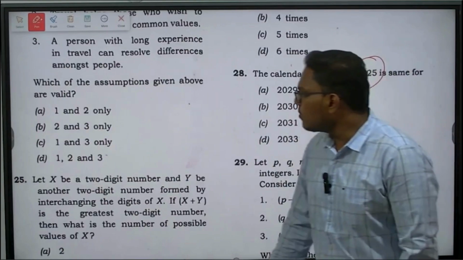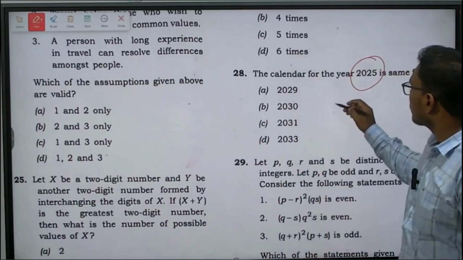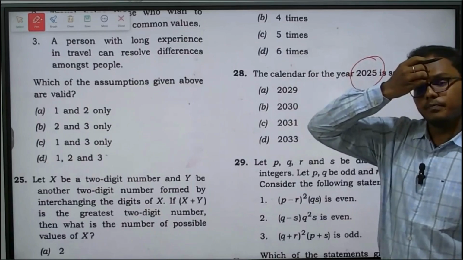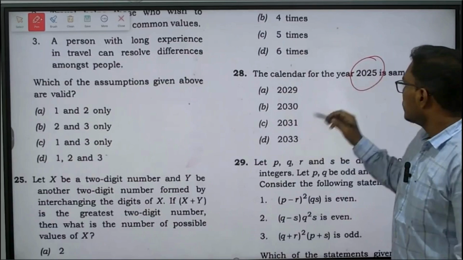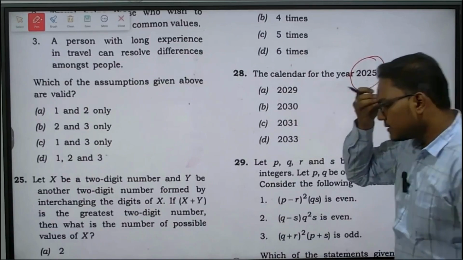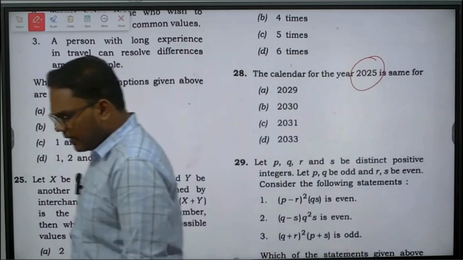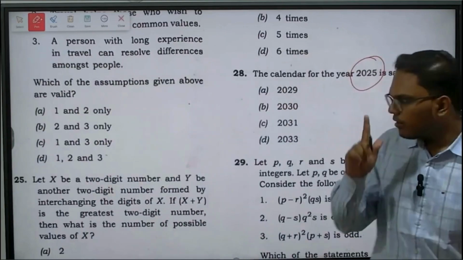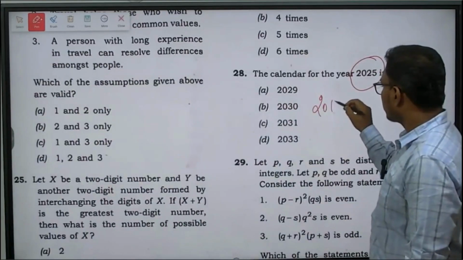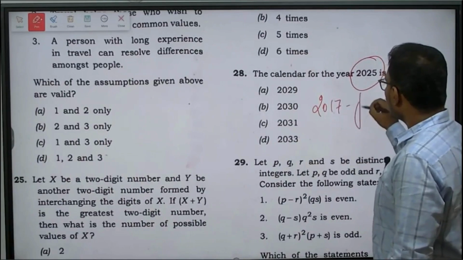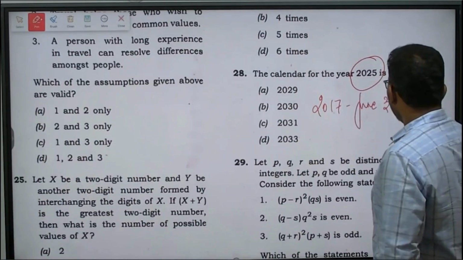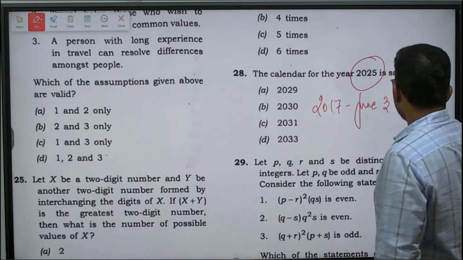Okay. See how I approached this question was, 2025 is 1 year next to a leap year. So I remember one day in 2017. See, 2017 June 3 was a Saturday.